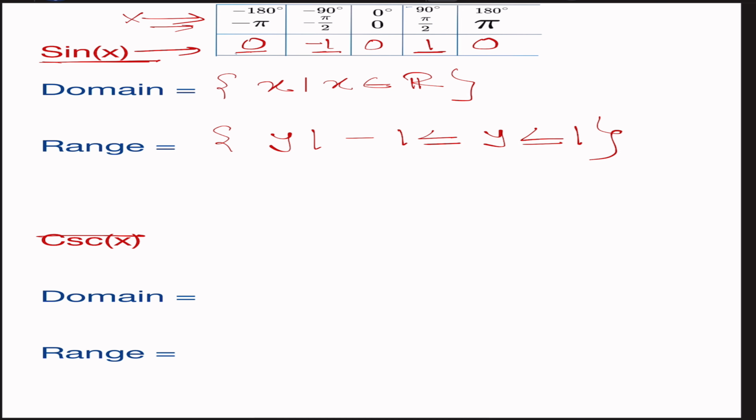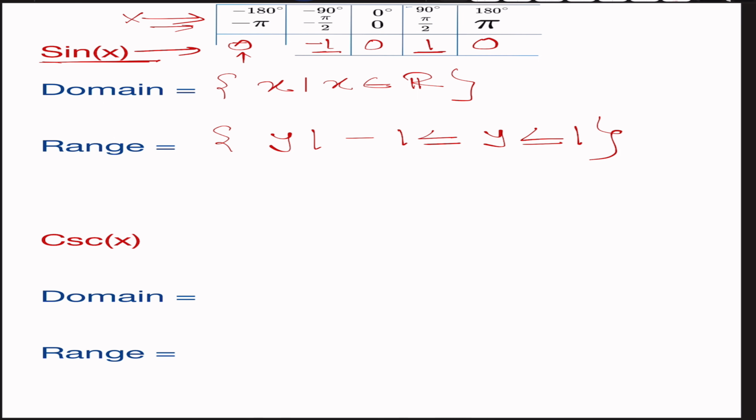Now let's do the cosecant. Cosecant is the reciprocal of sine. We had 0 here, so the reciprocal of that is undefined.